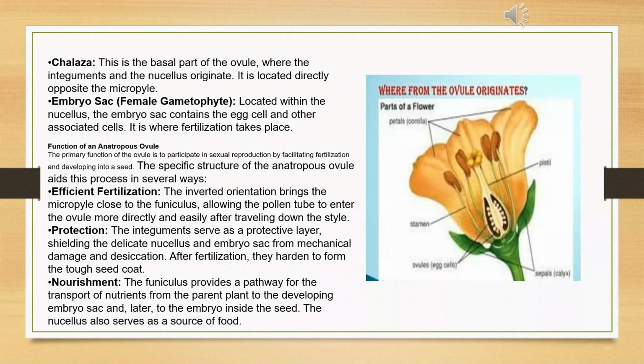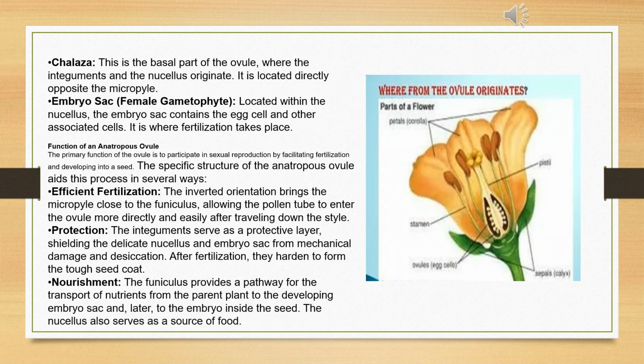The next one is protection. The integuments serve as a protective layer, shielding the delicate nucellus and embryo sac from mechanical damage and desiccation. After fertilization, they harden to form the tough seed coat.